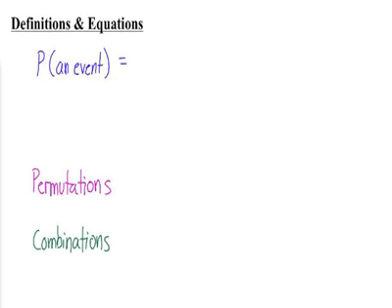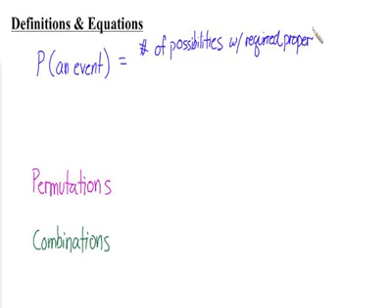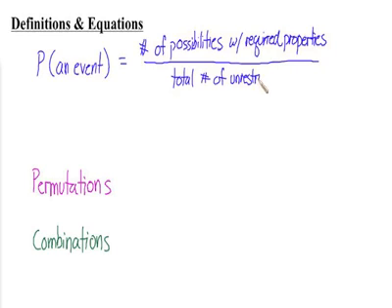Let's write out a more formal definition of probability just to refresh your memories. So the probability of an event occurring is the number of possibilities with the required properties of an event, simply divided by the total number of possibilities, or unrestricted possibilities.